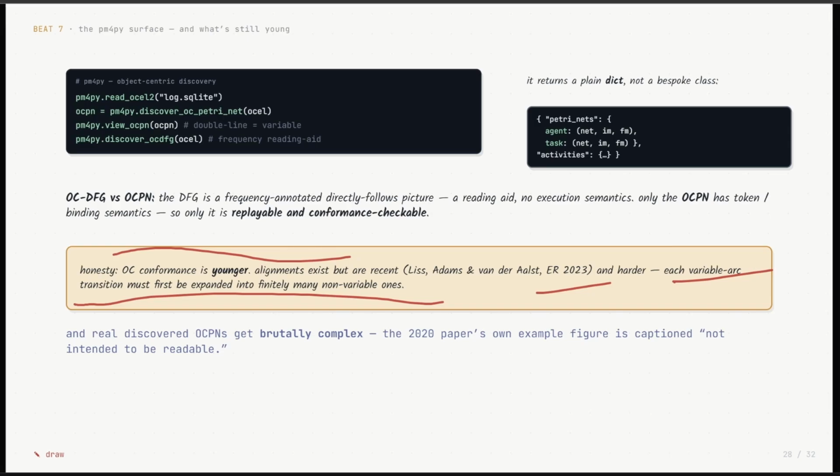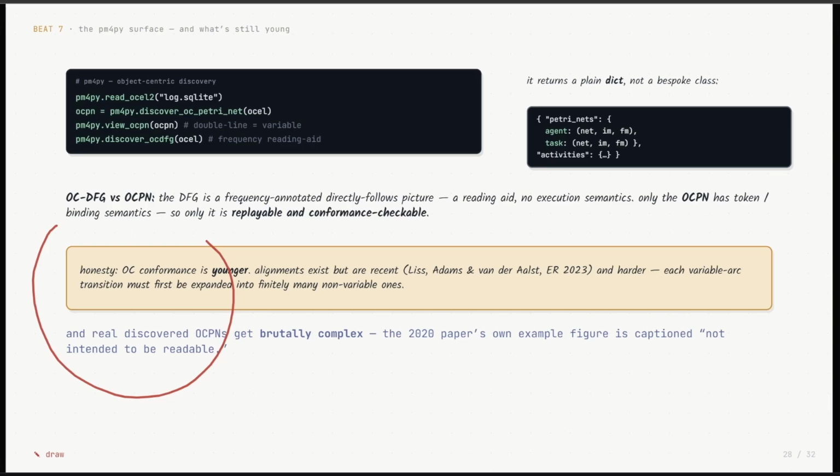So every real discovered OCPN gets brutally complex. So the field is still really new. We still have a lot of research to do to make it more industry adapted, and especially since process mining is known for accepting a lot of data, the research needs to catch up to the needs of the industry.